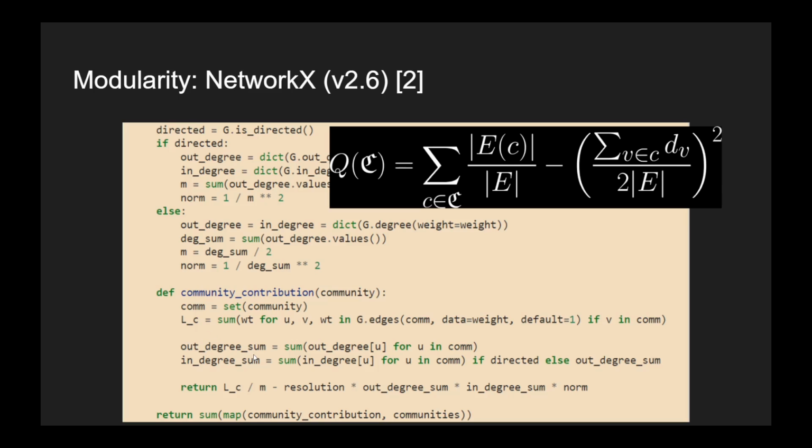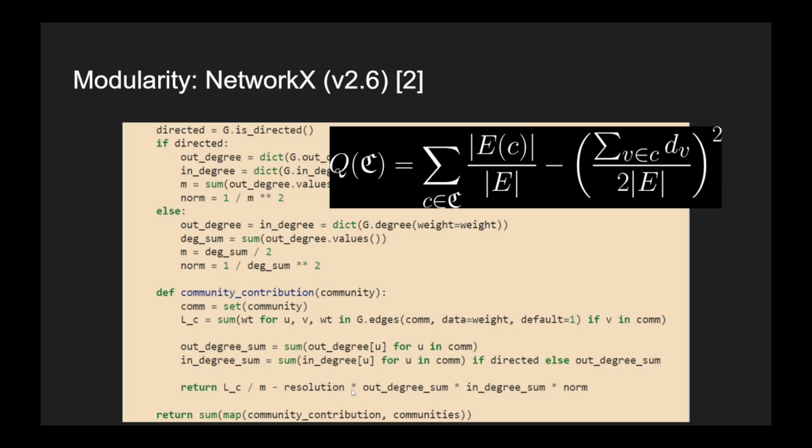Then it's getting the out degree and the in degree, which is just going to be the degree of a vertex if it's not a directed graph. And then it's simply returning that. So it's doing L sub c over m, which is this term here.